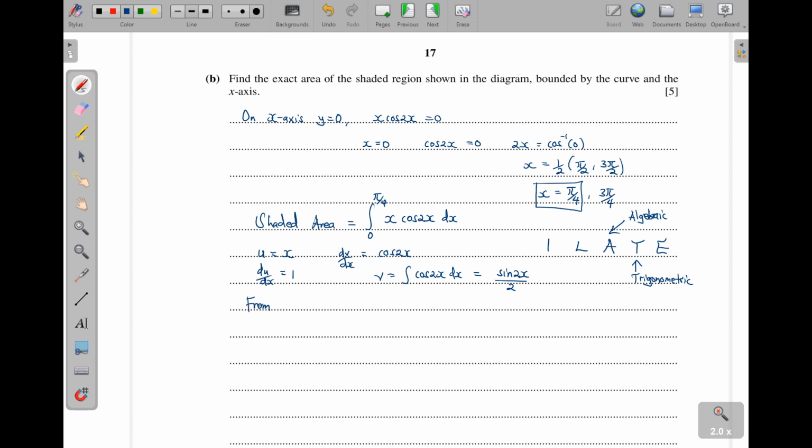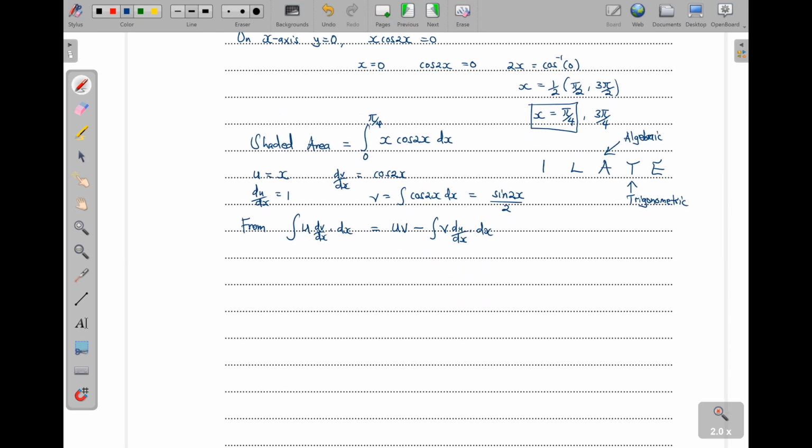So from integration by parts, even this one is given in the list of family. From the integral of u dv dx, we are integrating this with respect to x. We are getting uv minus the integral of v du dx with respect to x. So we are going to have here our shaded area.